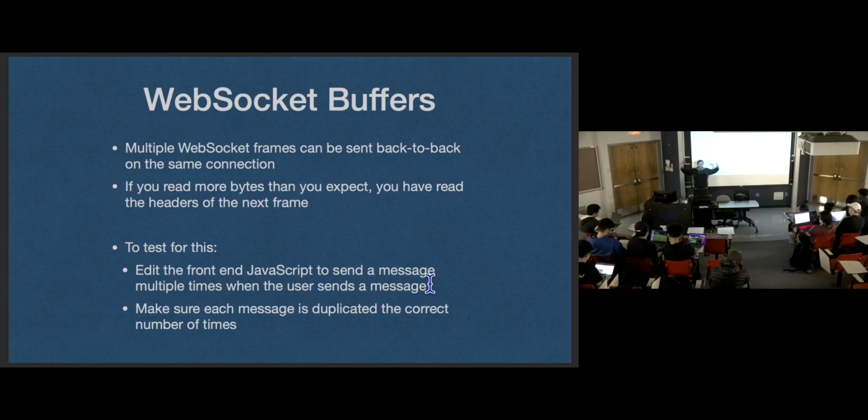Copy that line and I would paste it 5 times. Now, whenever the user clicks send one time, it'll send 5 frames. Well, not identical, they'll have different masking keys, but it'll send 5 frames to your server, and your server should be able to handle that and parse those 5 frames apart, treat that as 5 separate messages, and parse the headers of each of them properly.